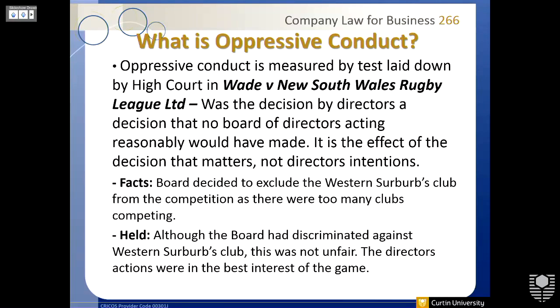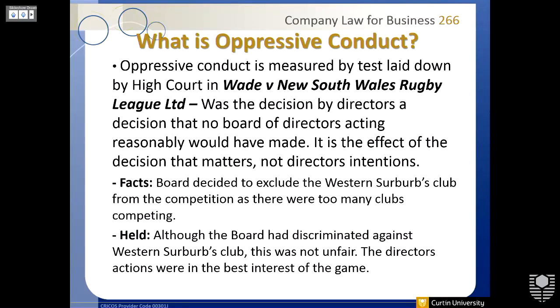Now, Western Suburbs Club was not happy that they were stopped from participating, and therefore they brought an action for oppressive conduct. The question before the court was whether the refusal to allow them to participate in the competition was oppressive. Now, in order to determine oppressive, the courts used these tests.